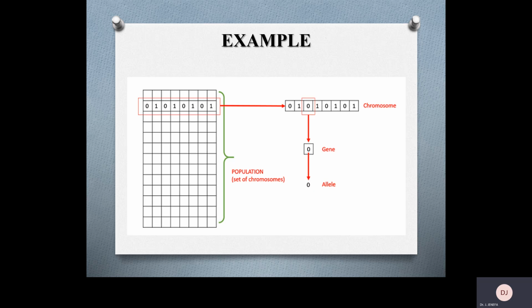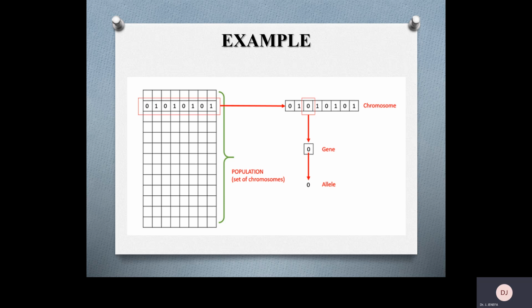So we can consider this example. Population is a set of solutions, that is also known as chromosomes. Consider that this table indicates the set of solutions, that is, the set of chromosomes, and each solution is known as chromosome.